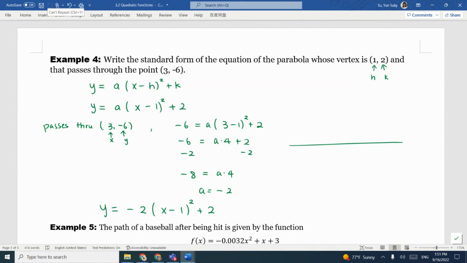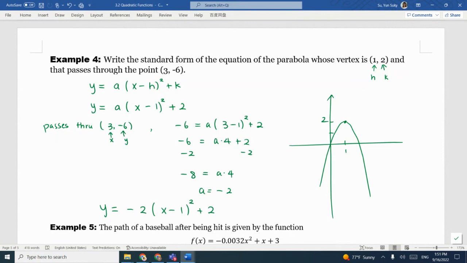Okay, how do we draw it? So the vertex is (1, 2). This is the vertex. And a is negative, so does the parabola open up or down? Down. Okay, so we know it looks like this. So far, so good, everybody?